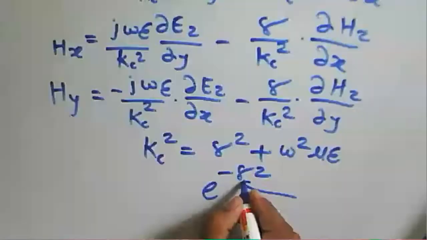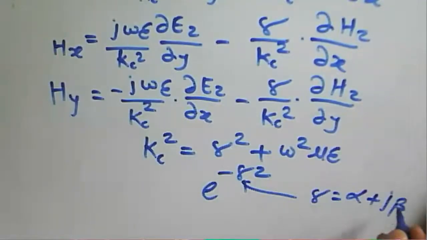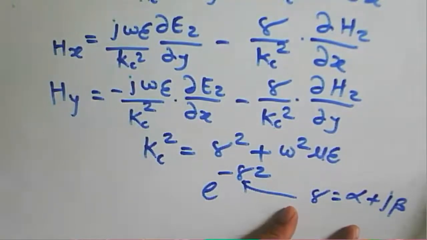And this gamma is nothing but alpha plus j beta. That alpha plus j beta shows the propagation constant and the attenuation of the wave when it is propagating in a forward direction.